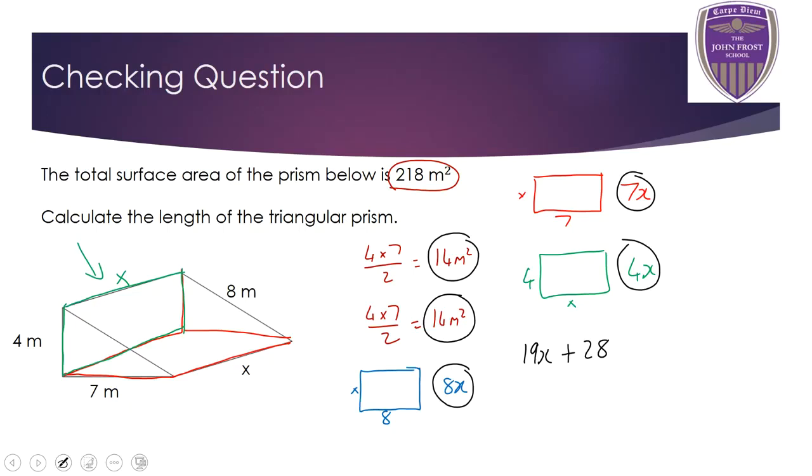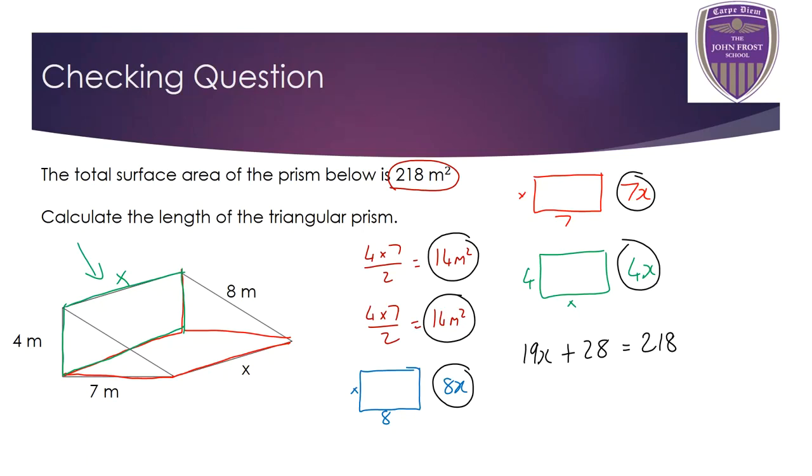So we know that 19x plus 28 is the total for our five sides of the area. And we know at the start of the question, we were told that the total surface area for the prism was 218 meters squared. We've set up a simple two-step equation to solve.